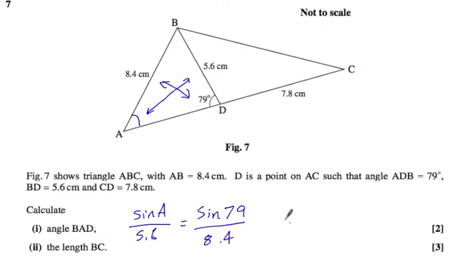So that means sine A will equal, so I'm going to do sine 79 divided by 8.4 times 5.6, and I'll make that 0.654418 dot dot dot. So I'll put 0.6544 dot dot dot. So A will equal inverse sine of that, which gives me 40.9 degrees to 3 significant figures.